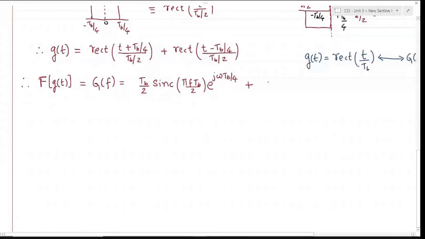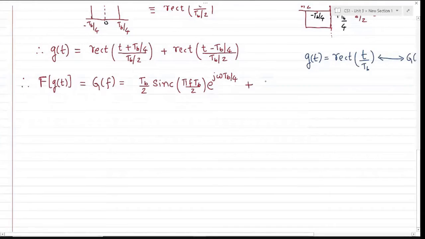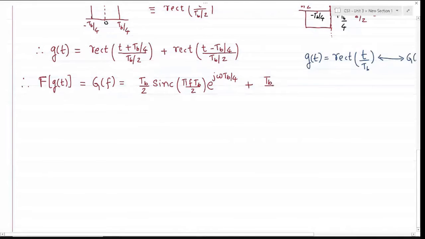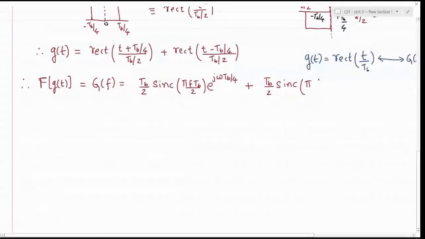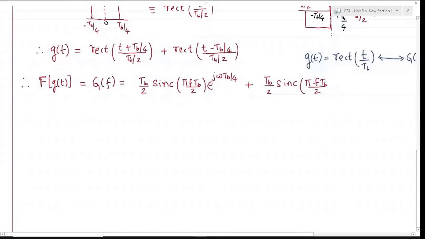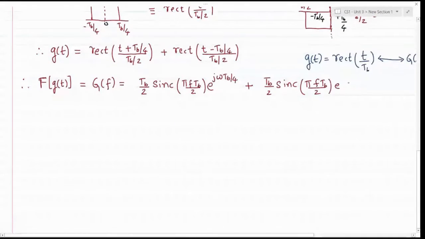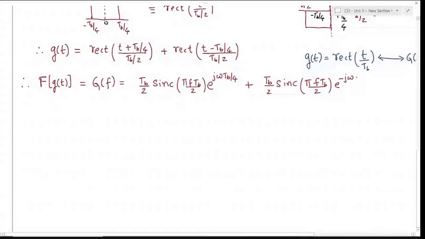The second part is similar, which is tb over 2 sinc of the same function, pi f tb over 2, into e power minus j omega tb by 4.